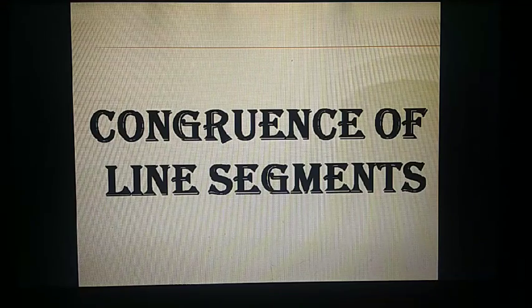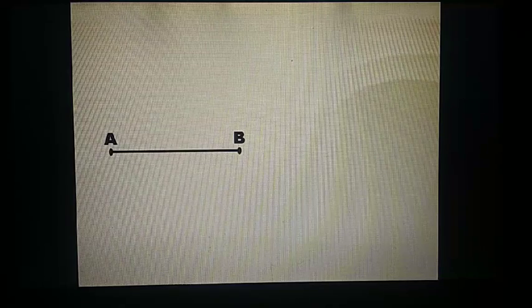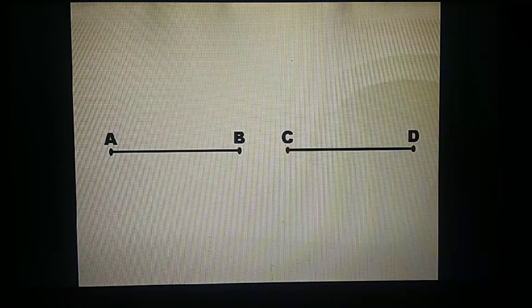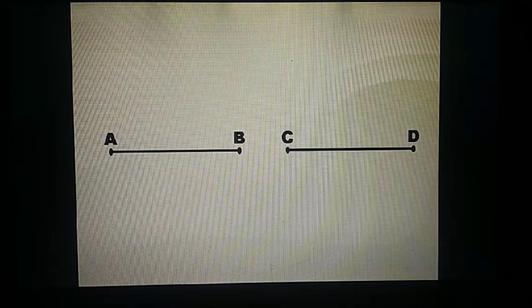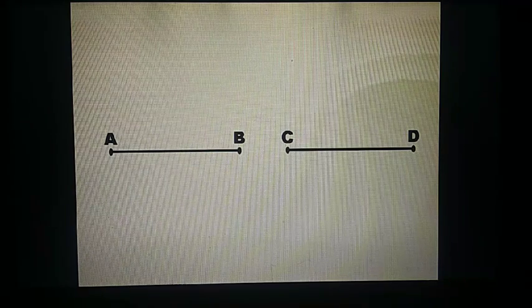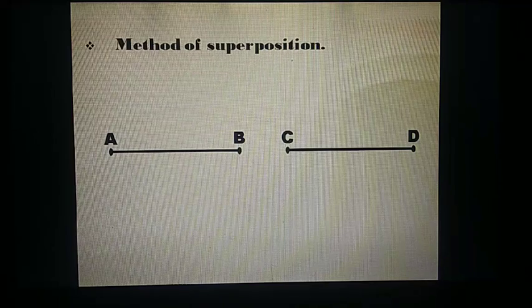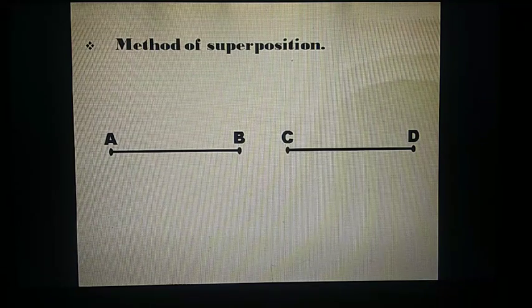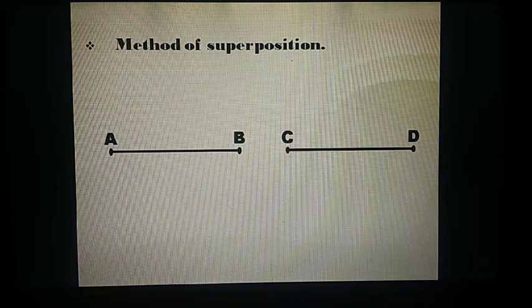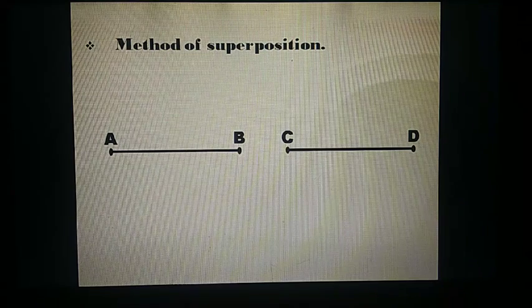Again, we will consider two line segments here. First is AB and the second is CD. Using the same method, that is the method of superposition, we will check whether one line segment is totally covering the other.